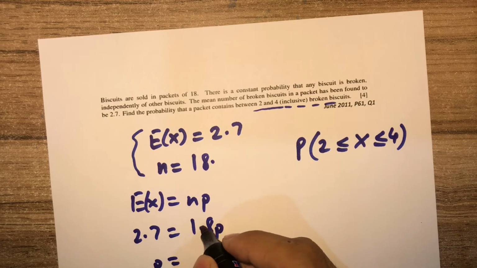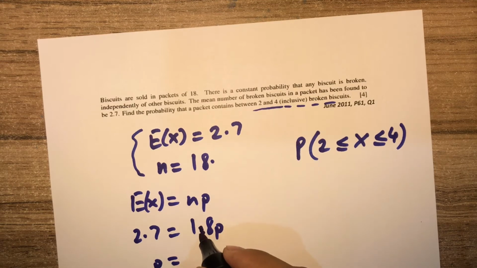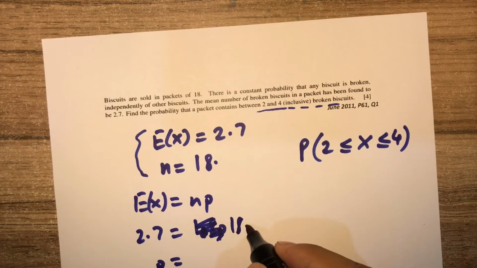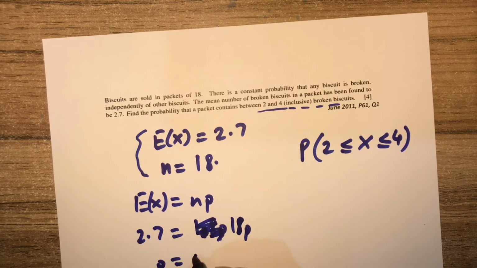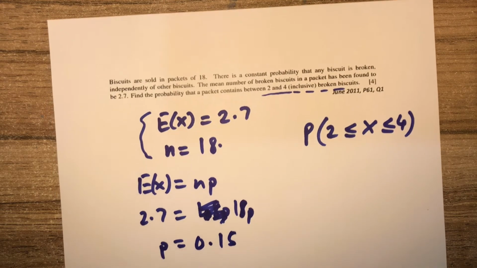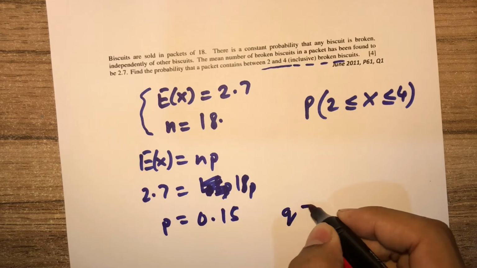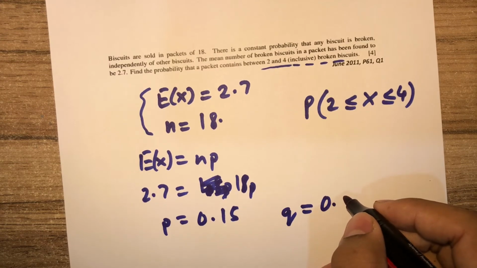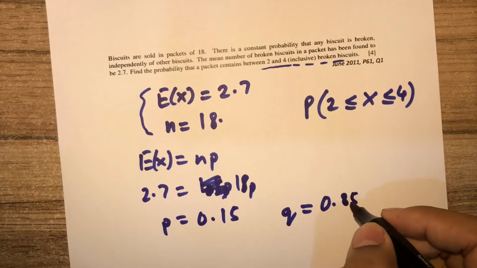This is 18. So probability is coming 0.15. Now the probability of failure will be 1 minus 0.15, so 0.85 if I'm not wrong.